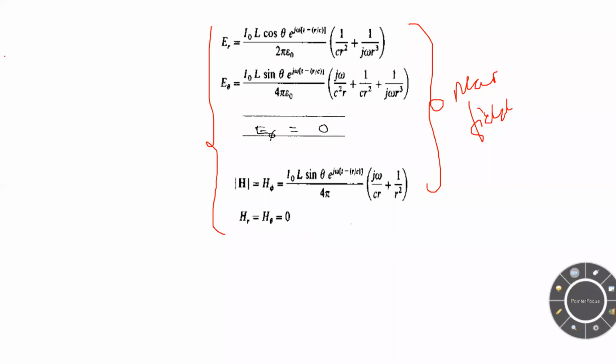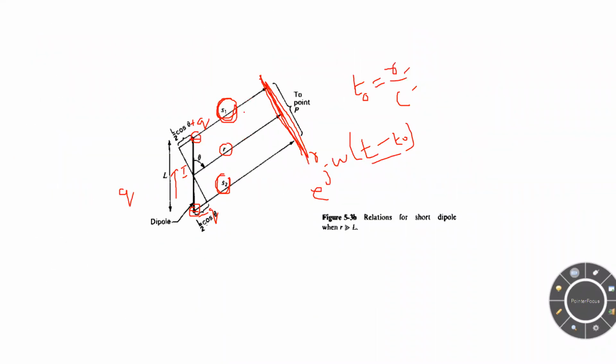So we observe that for near field, we have ER, E theta, and H phi components. But for the remaining, we have E phi is 0, HR is 0, H theta is 0. So this is for the orientation we are considering.